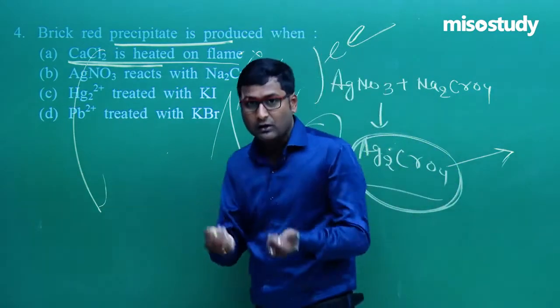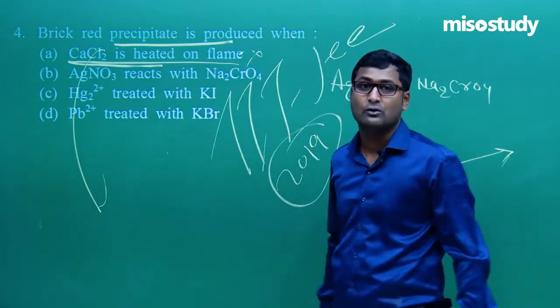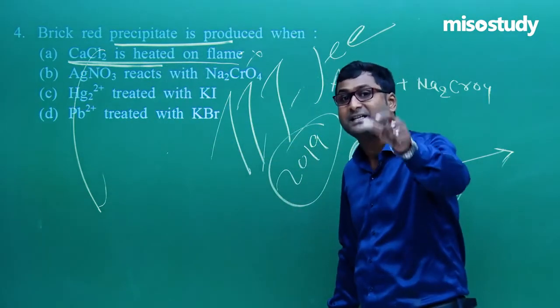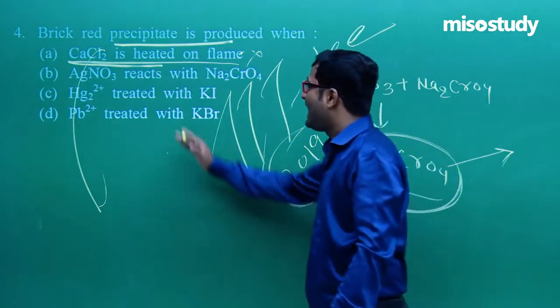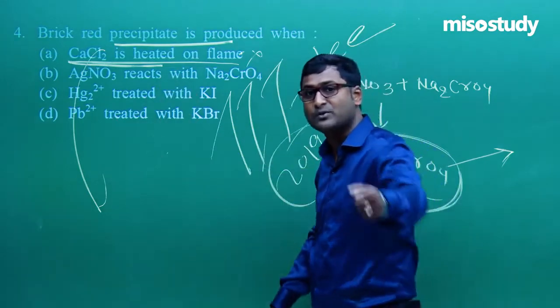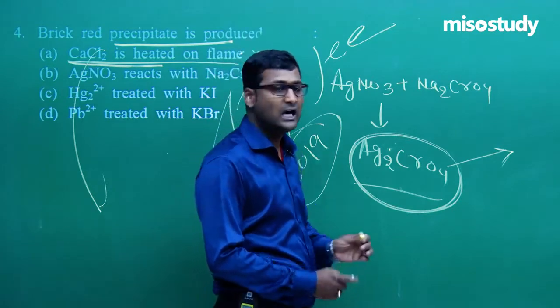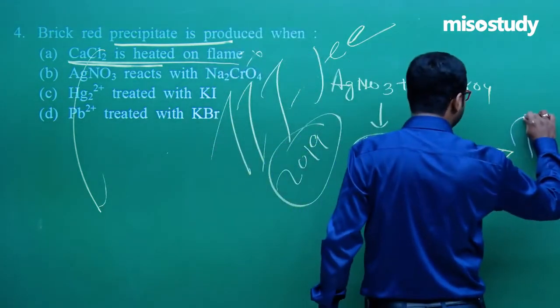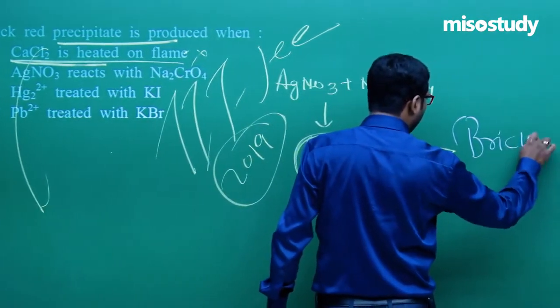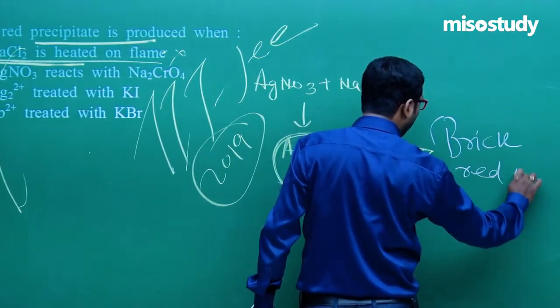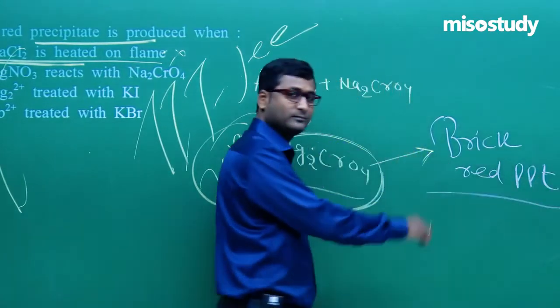I know you also know, but here read the question. Brick red PPT, that is the reaction taking place, and if we choose the second option, as I told during my lecture, it forms Ag2CrO4, and this is, friend, the brick red PPT. Clear?